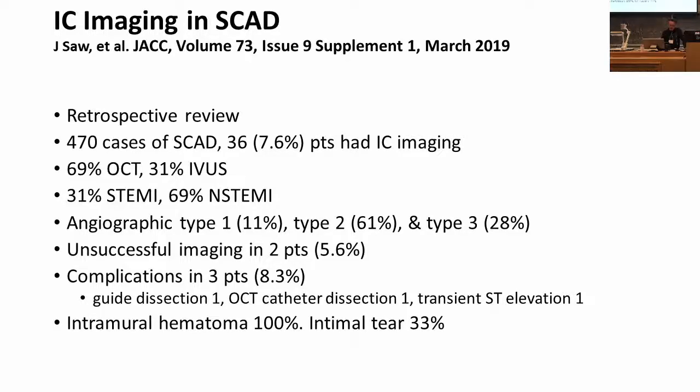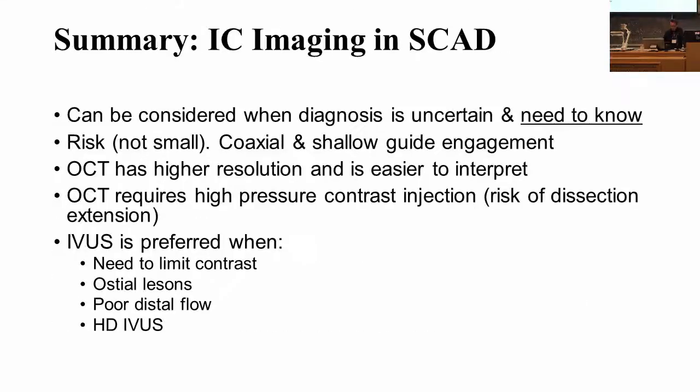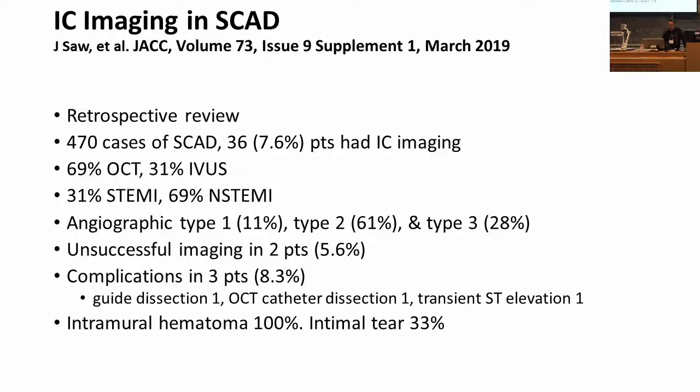But how safe is that? There's not a lot of literature on it, but this is one small piece of information that you can have. This was presented at ACC by Jackie on the Vancouver experience. 470 cases of SCAD, and there were 36 of them, or 7.6%, that had intracoronary imaging.